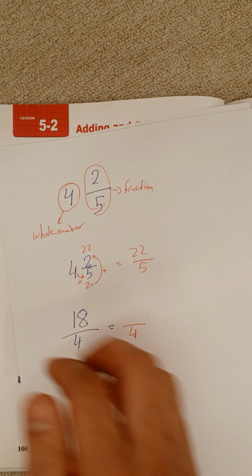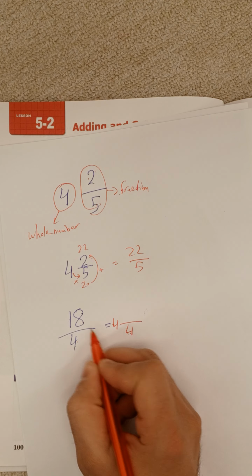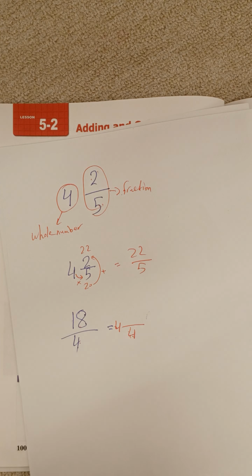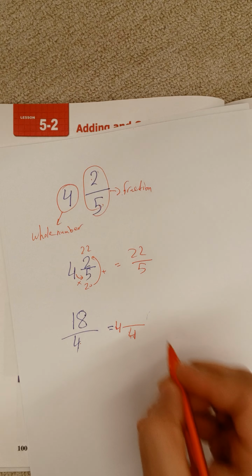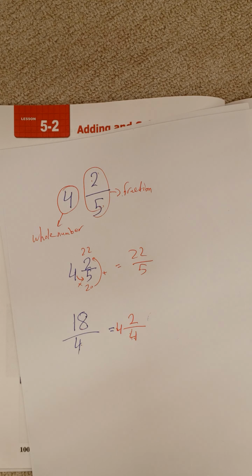Our denominator is 4, rewrite it. And what number multiplied by 4 is very close to 18? 4. So write down the answer next to the fraction. It's going to be the whole number. 4 times 4 is 16. This one is 18. 16 to 18, two numbers left. So write down the remainder. It's going to be 4 and 2/4.